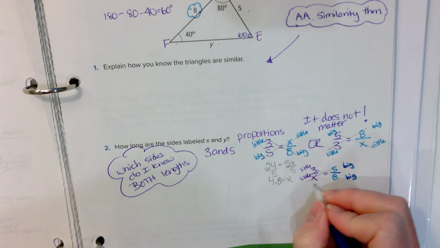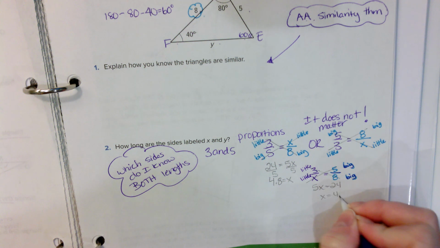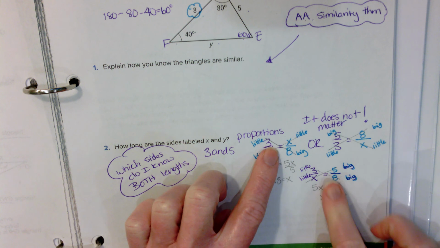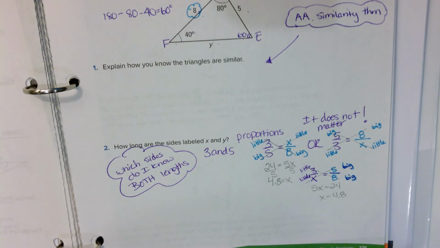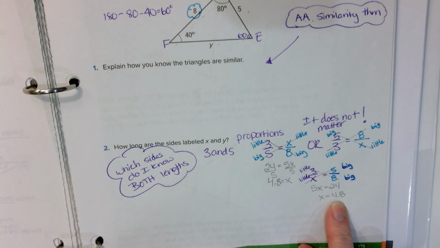You still get 5x equals 24. You are still going to get 4.8. So not to be confusing, but there's about 6 different proportions you could write. But your answer every time for x will be 4.8. In one sense, this is not confusing because there's lots of ways that you can set up your proportion. But in another sense, it can be very confusing in the beginning because there are so many ways to set up your proportion.